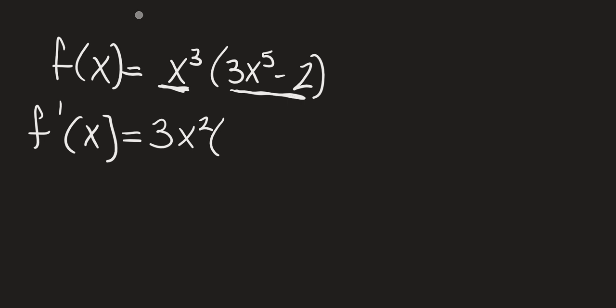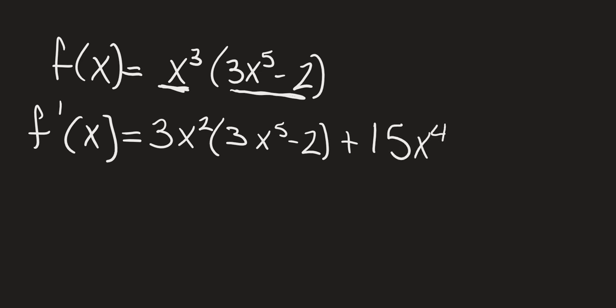We're going to multiply that by the original of the second, which is 3x to the fifth minus 2. Then we're going to add this to the derivative of the second. The derivative of 3x to the fifth minus 2 is 15x to the fourth times the original of the first, which is x cubed.